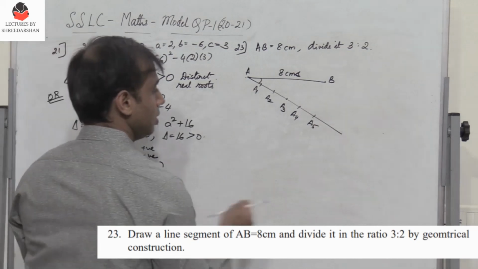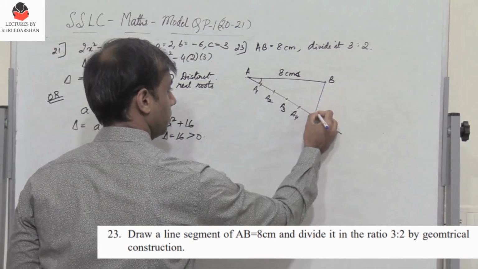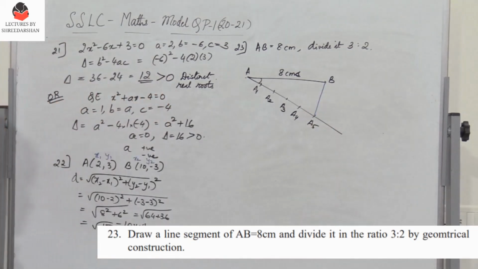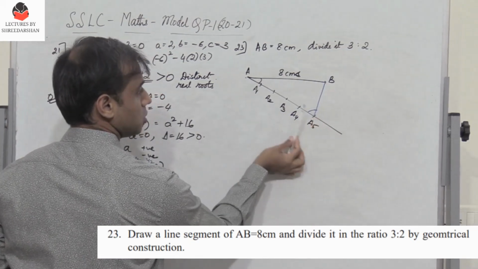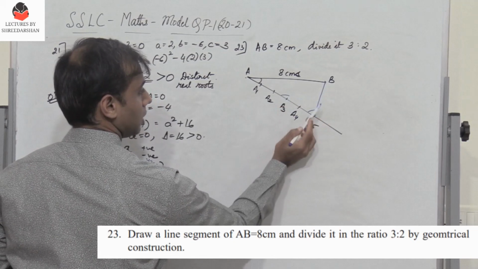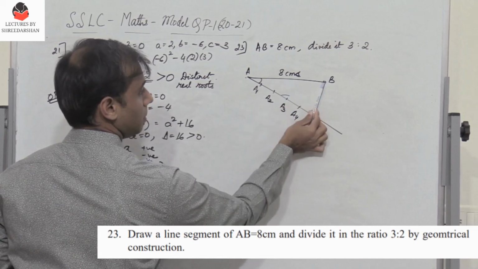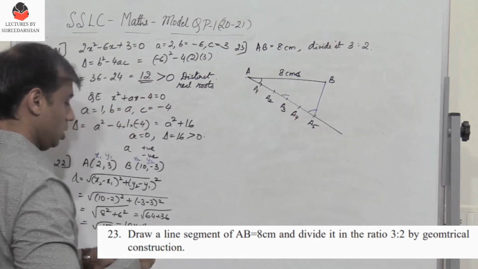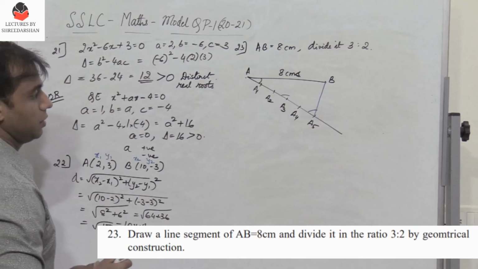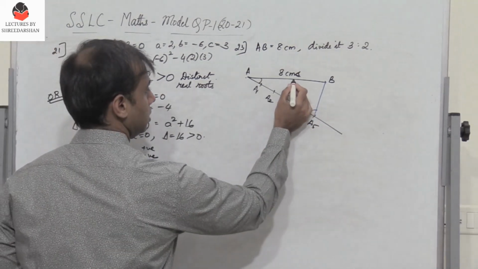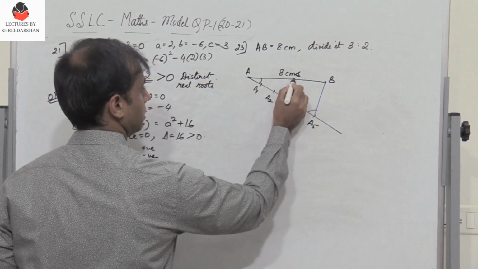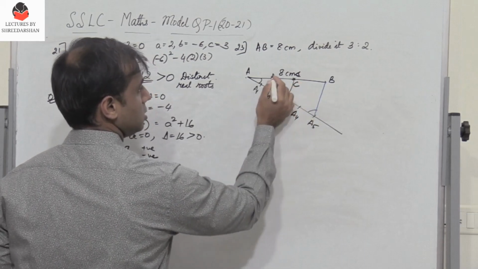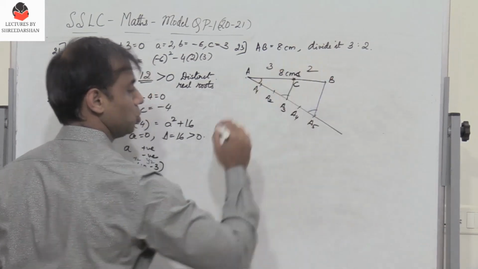You have to join A5 with B. So once you join A5 with B, you measure this angle. So with the same angle here and with the line which is parallel to this, you draw another line from this point A3 to intersect the line AB. So let me call this C. So this will be in the ratio 3:2.